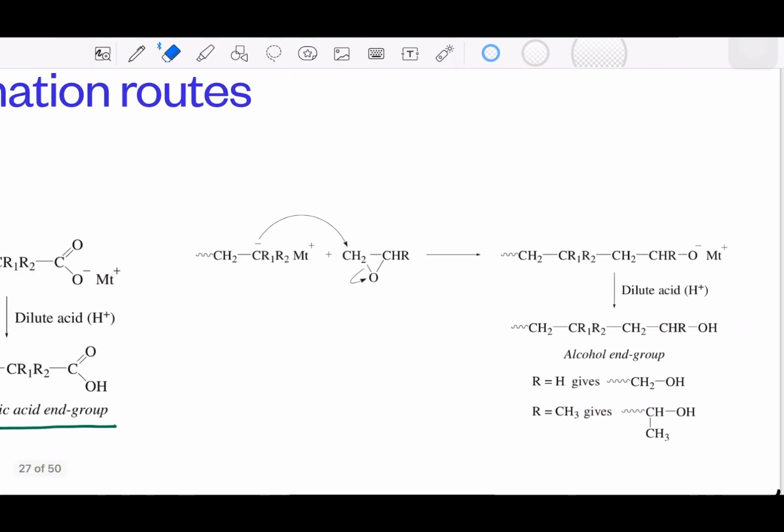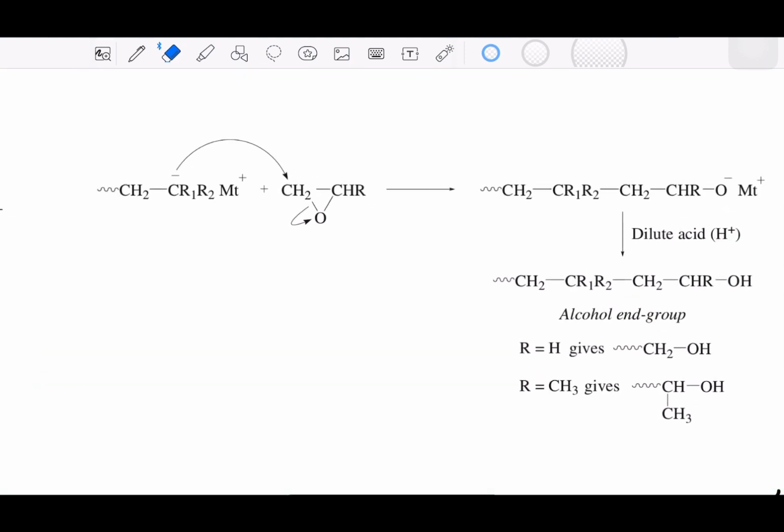Another route is actually just the difference on this part here. So we can induce the active center and make sure that it's propagating through here, and then take the acid so that it can donate the proton.